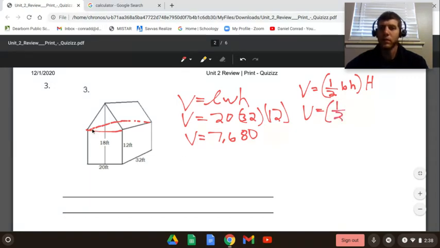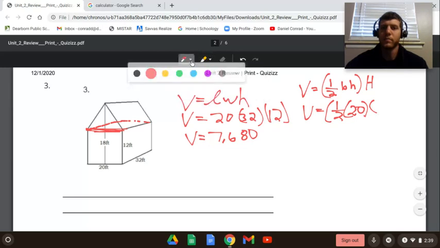Okay, the base of the triangle, that's this right here, is going to be 20. Okay, and then the height of our triangle, maybe use a different color here. Okay, this piece here is 12, and they tell us the whole thing is 18.